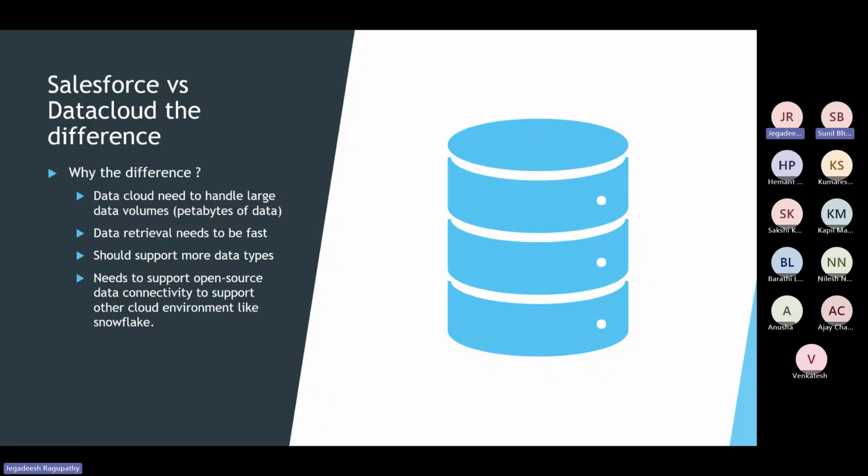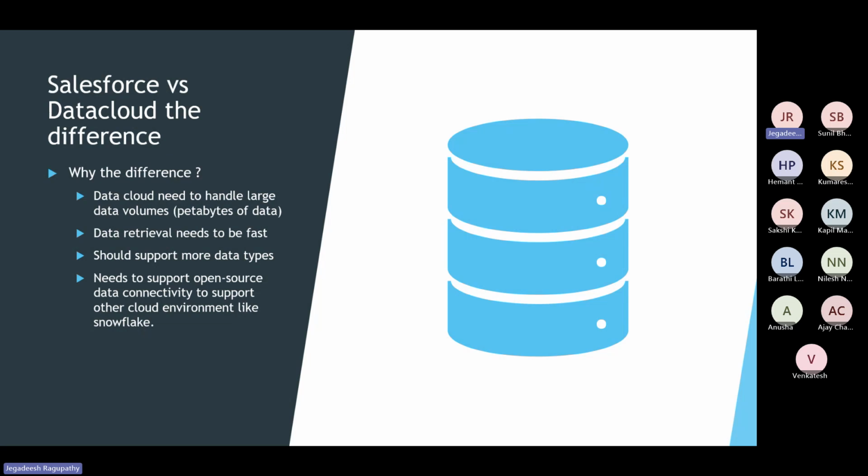And also, when it comes to Data Cloud, which handles data from different data sources, there must be some interoperability between the records, right? Consider how JSON is transferred from one database to another.